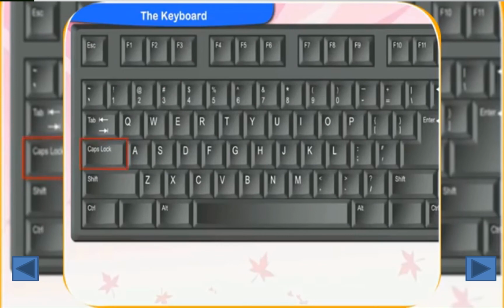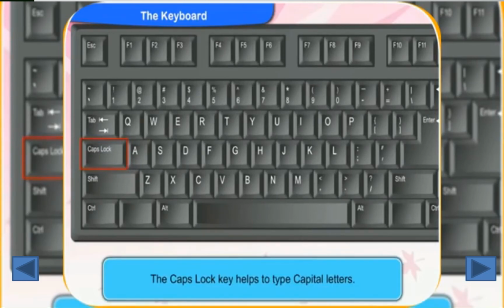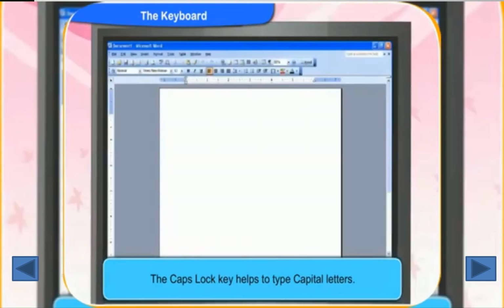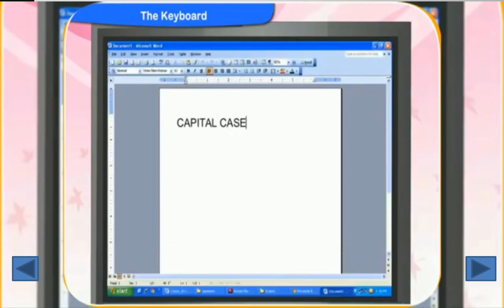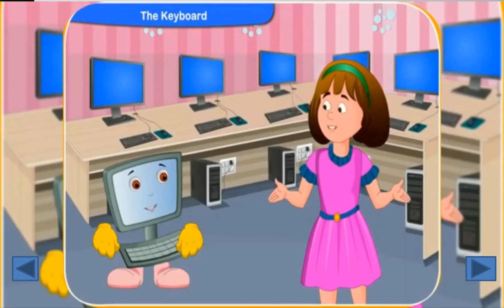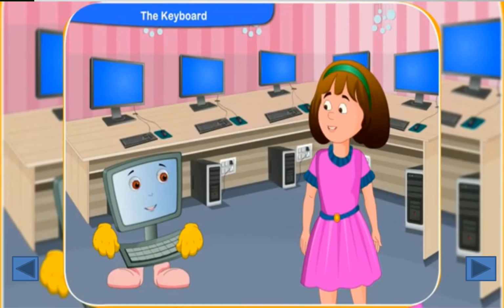Yes, Kliko. What is it used for? When you wish to type letters in the capital case, then you need to press this key first and then start typing. All the letters will appear in the capital case. Yes. Now I know what most of the keys on the keyboard do. Thank you, Kliko.